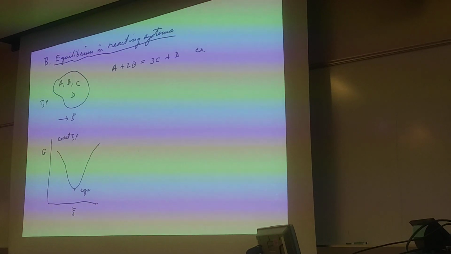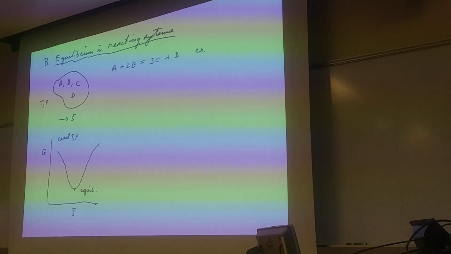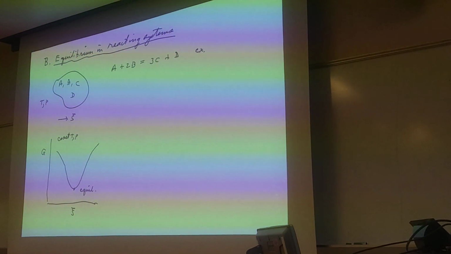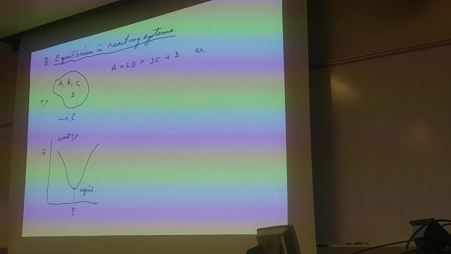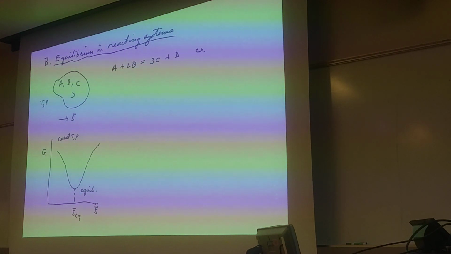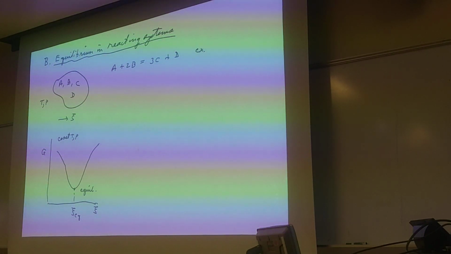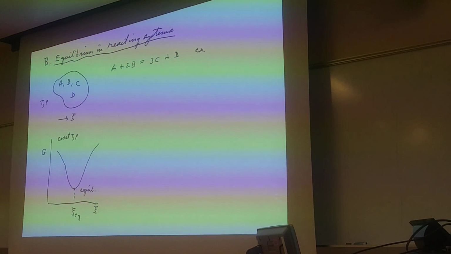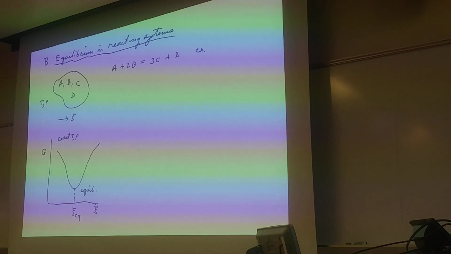This is our equilibrium point. So this value would be the equilibrium value of ξ, just the ξ coordinate, and that's really what I would like to be able to express. So it's evident that what I've got here is an extremum, in other words, a local minimum.